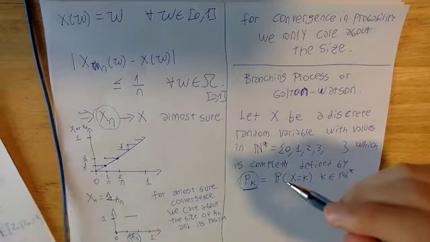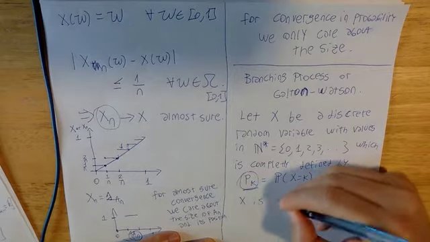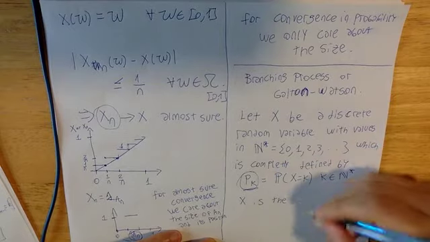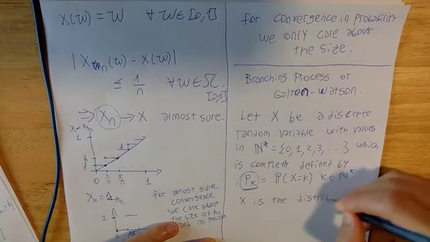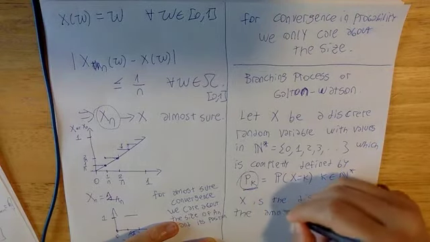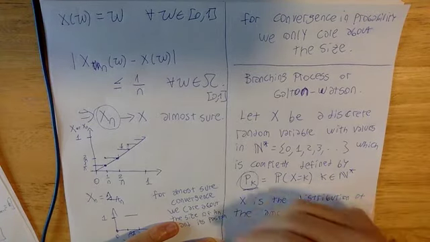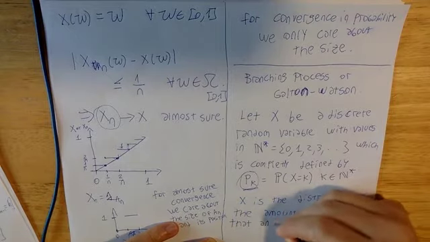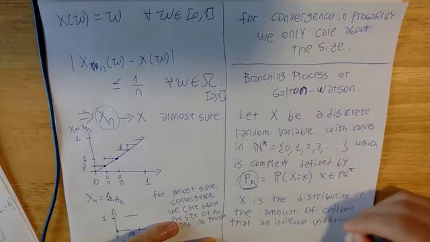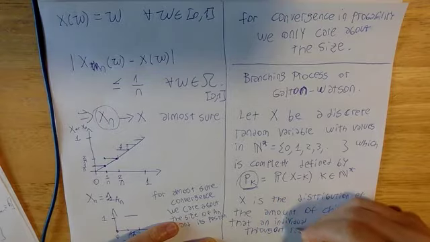And x is the distribution of the amount of children, let's say, that an individual will have throughout its life.